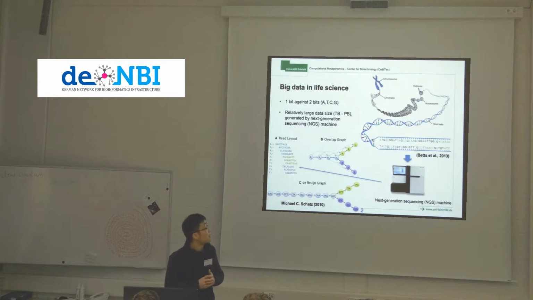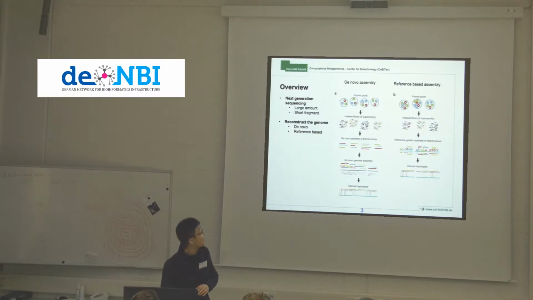And for the bioinformaticians, their work is to use this kind of overlap to reconstruct the genomes. And there are typically 2 ways of reconstructing the genomes. One is reference-based. For instance, model species such as human already have a genome sequence as reference.